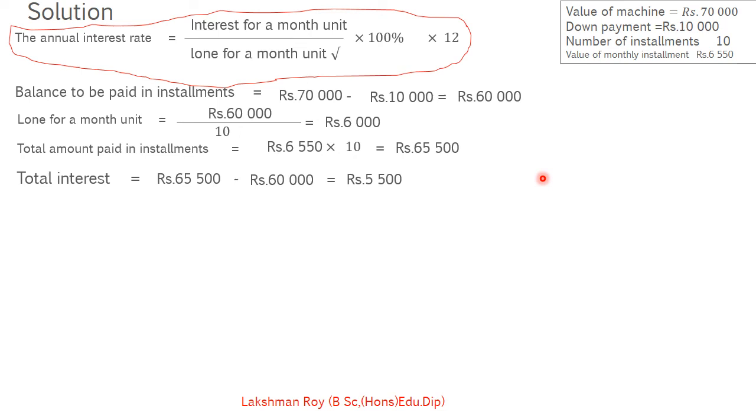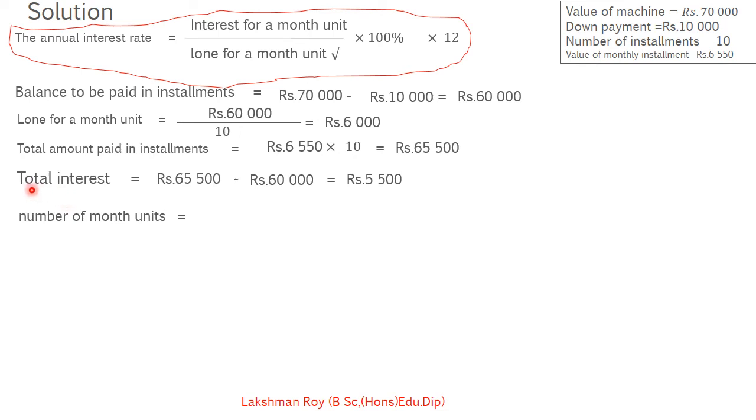That is the wrong method. So then what do we use? Now I'm going to find the interest for a month unit, and to find it you use that formula.